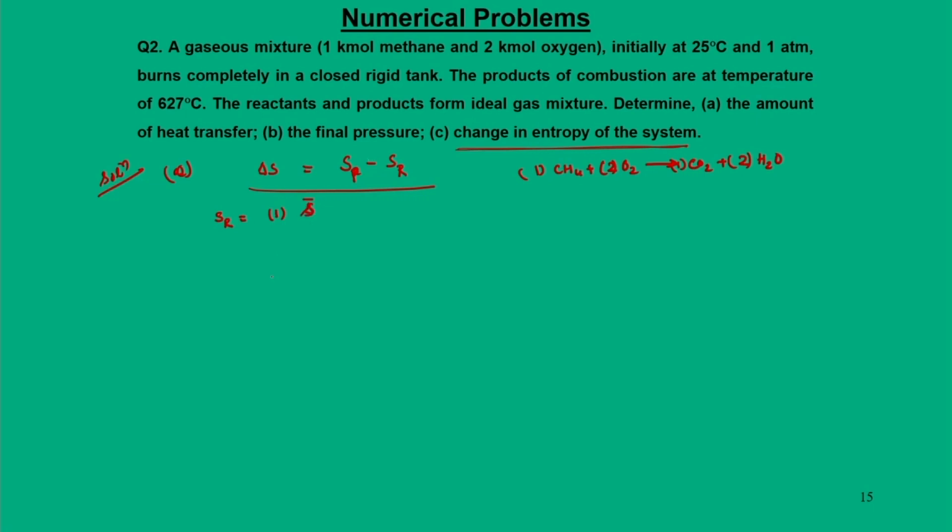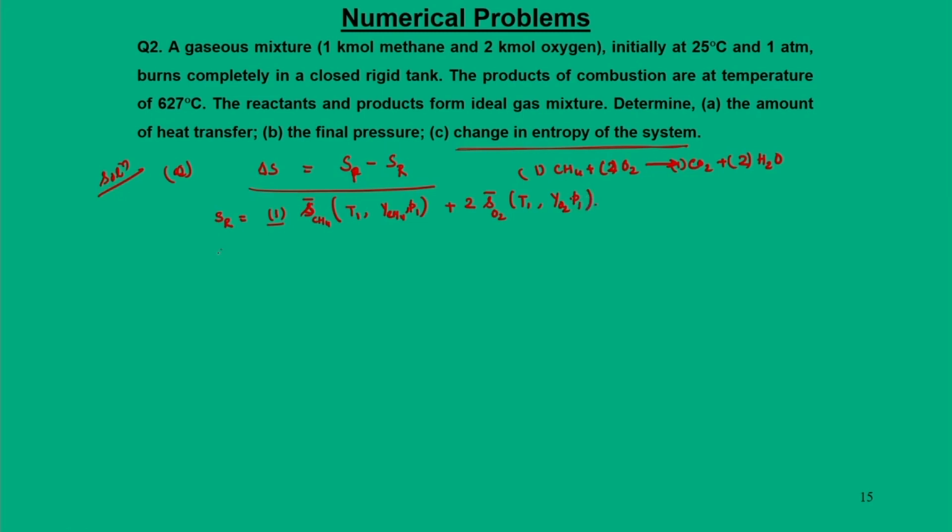So when you take the information from molar entropy, 1 mole of CH4, S bar CH4 to be evaluated at initial temperature T1, mole fraction of CH4 and pressure P1, plus twice entropy of O2 at T1 and mole fraction of O2 into P1.